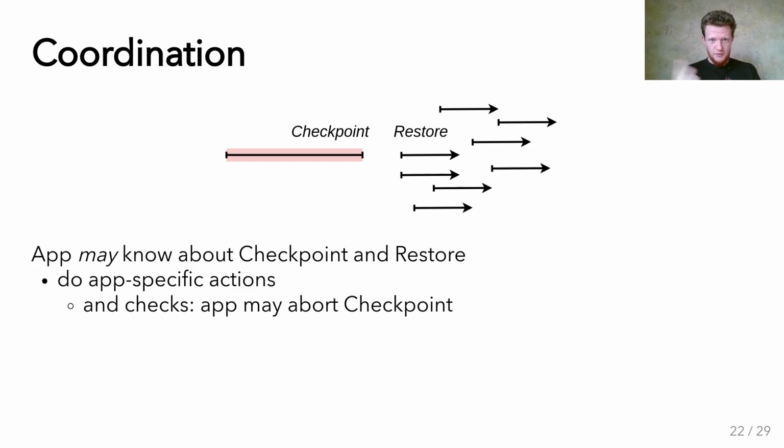And in this case, the application may decide that the checkpoint should not happen at the moment, and there is a way for the application to abort the checkpoint, and probably a proper handling for this is to try a checkpoint once again after some time has passed, for example after a second.